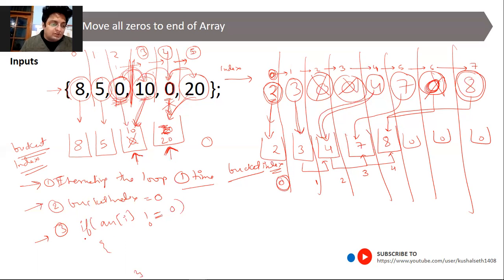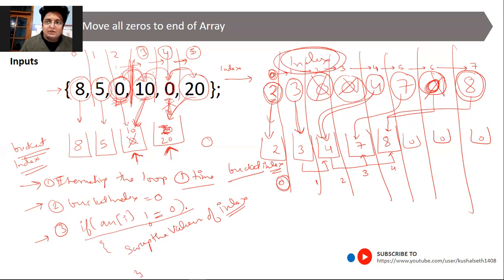So what we are saying, if my array element is not equal to 0, just swap the values of index, and when I say index, it is this index of array, and the bucket index.